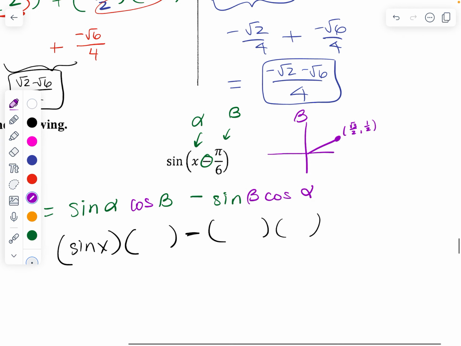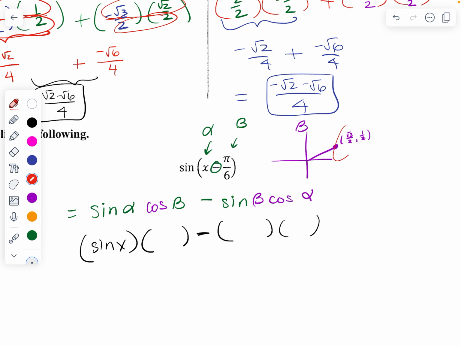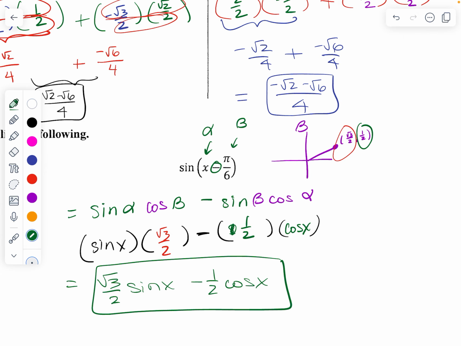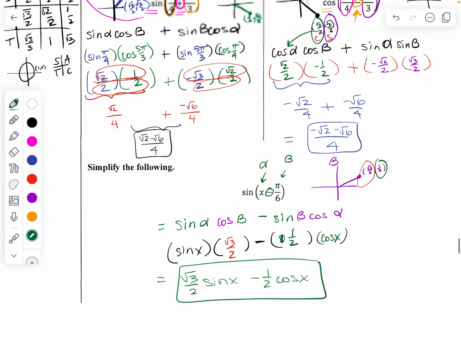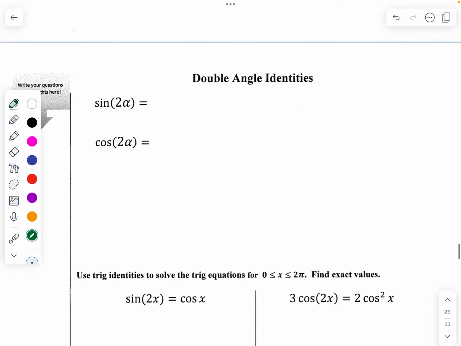Okay, so I know cosine of beta is root 3 over 2 minus sine beta is 1 half. And cosine alpha is just cosine of x. We can't do very much here. We can just multiply this through. We get root 3 over 2 sine x minus 1 half cosine x. Okay. All right, next page.